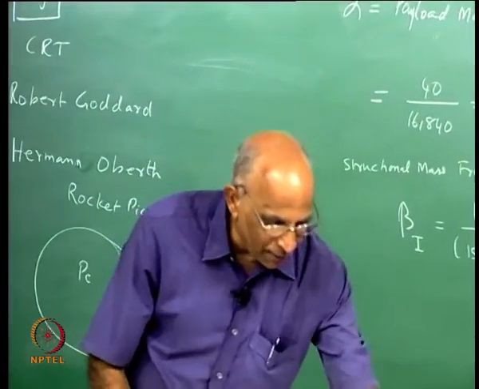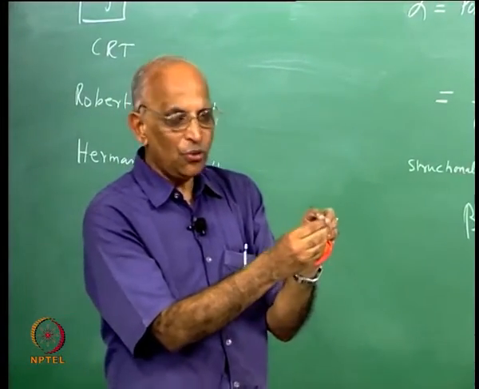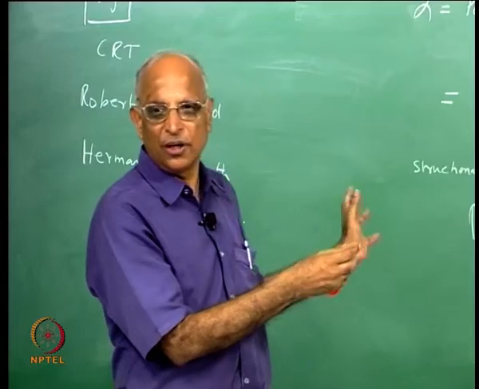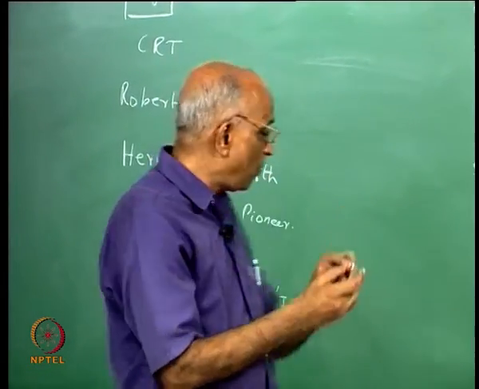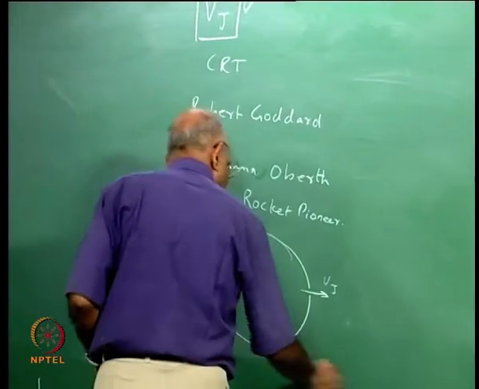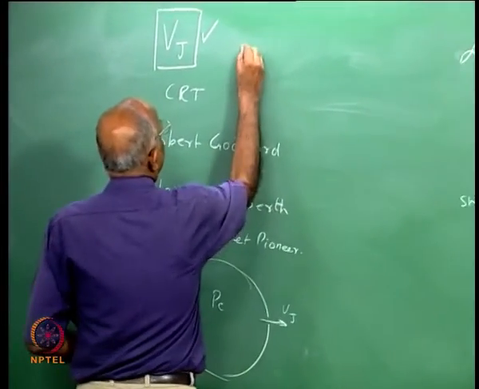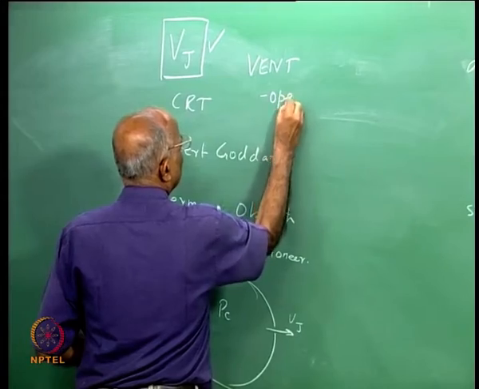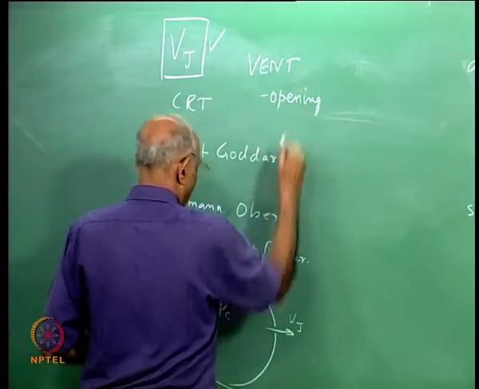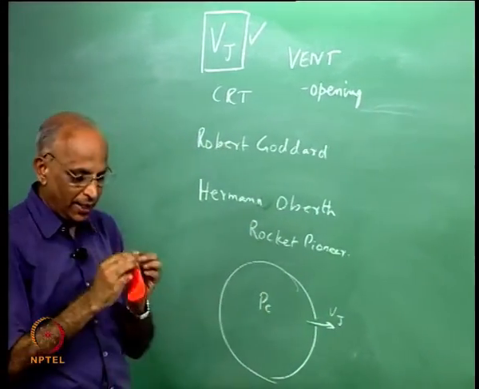I made another one wherein I have a controlled opening. In the earlier case, the opening was not controlled. I just put a small opening here which I will now call a vent, nothing but an opening, and let us again fill this with air.